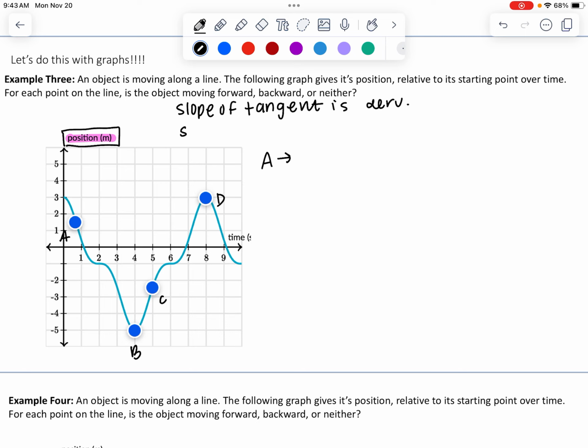So the slope of the tangent on position is going to be velocity, because the derivative of position is velocity, and if the slope of the tangent is the derivative, the slope of the tangent on position is velocity.